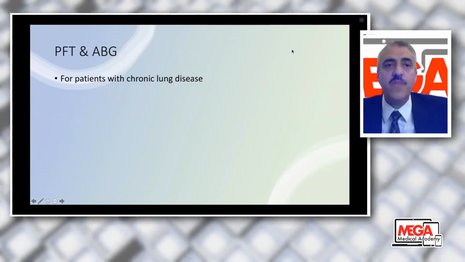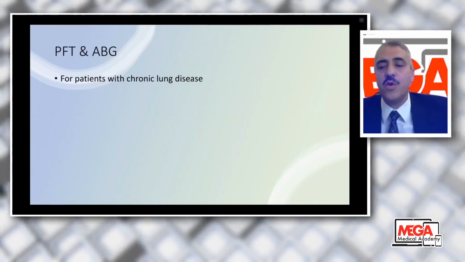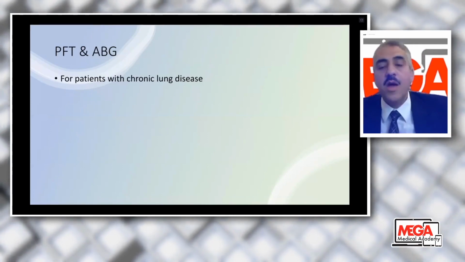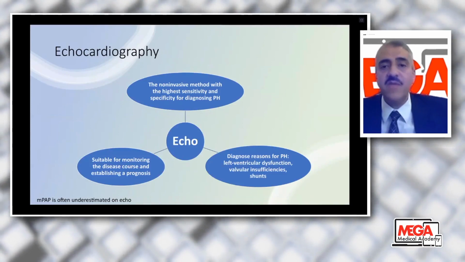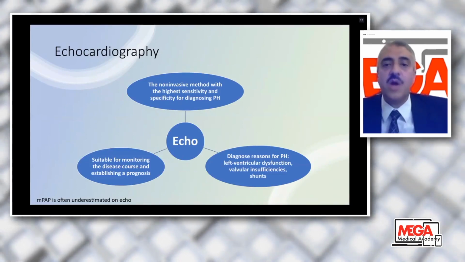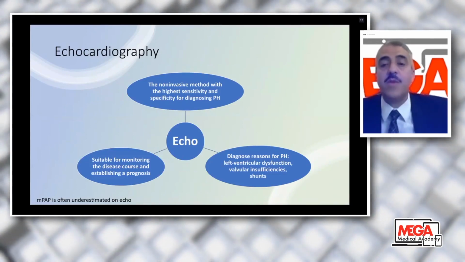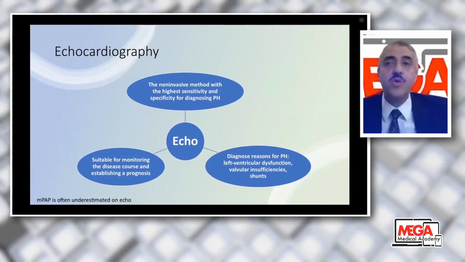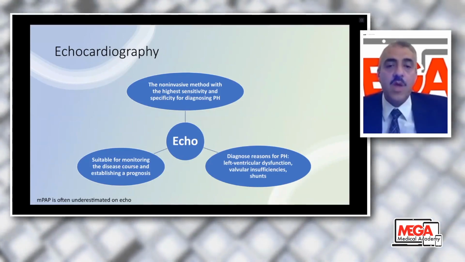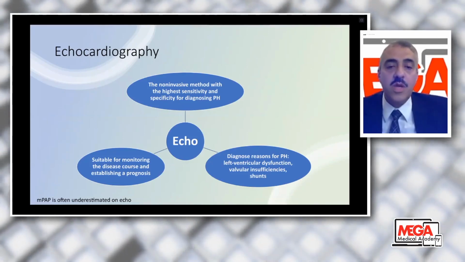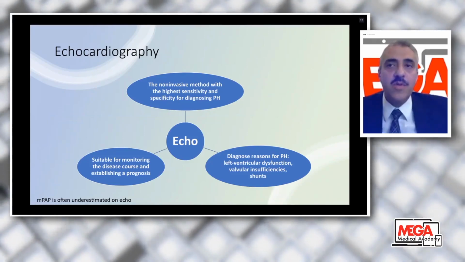We usually perform pulmonary function tests and ABG for patients with chronic lung disease. Echo is very important for these patients. Echo is the non-invasive method with the highest sensitivity and specificity for diagnosing pulmonary hypertension. Echo can also accompany our whole journey before the OR, inside the OR with TEE, and postoperatively in the ICU.